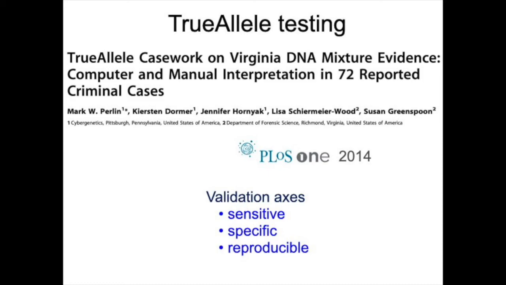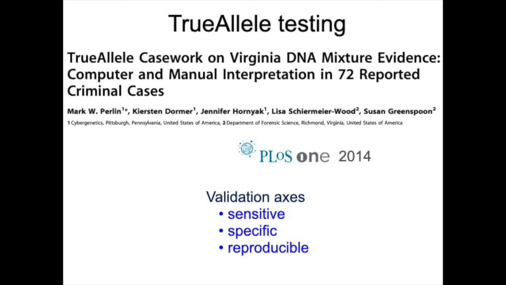Based on that testing, we actually had the basis for an extensive study where we could compare human review with several methods of CPI with TrueAllele. I'm not going into all of that today. That's in lots of other talks. That's not what you asked me to talk about today, but it's interesting.